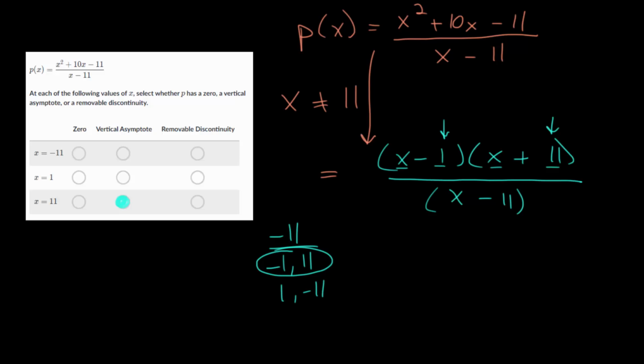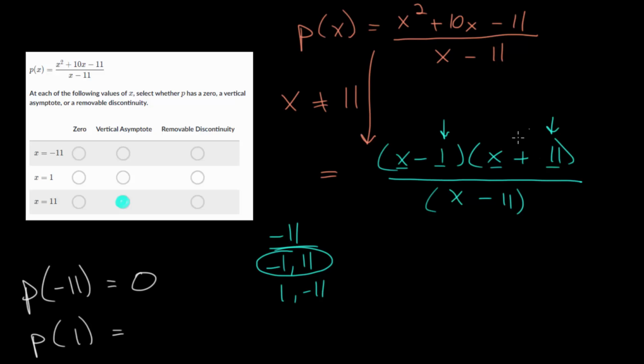And for the other two, when we plug those into the function, let's plug in -11 first, that makes this factor here equal to 0. So we'd get -12 times 0 in the numerator, which is 0. So that's one of our zeros of the function. And when we plug in 1, that makes this term 0. So you get 1 minus 1, which is 0, times 12, and 0 times 12 is 0.